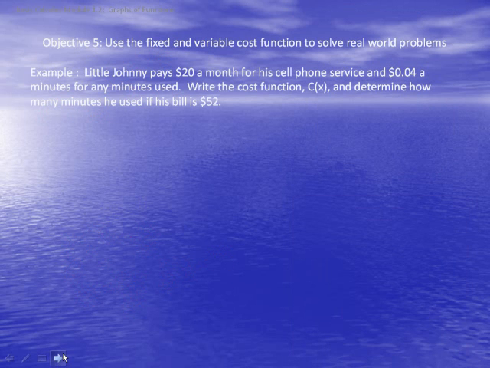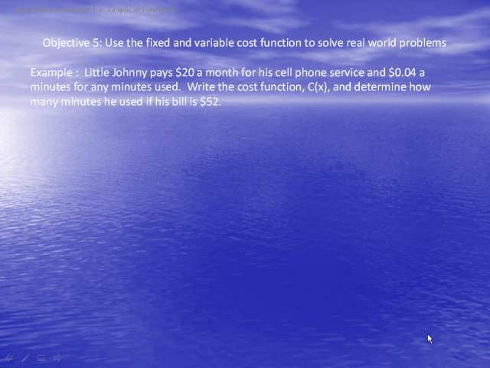In Objective 5, use the fixed and variable cost function to solve real-world problems. Example, little Johnny pays $20 a month for his cell phone service and 4 cents a minute for any minutes used. Write the cost function C of x and determine how many minutes he used if his bill was $52.